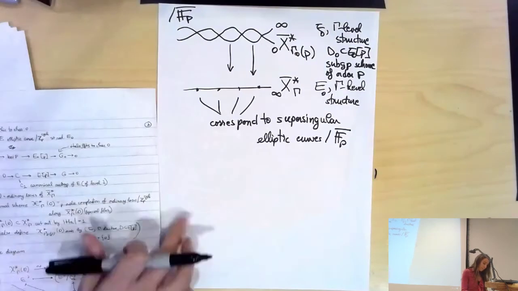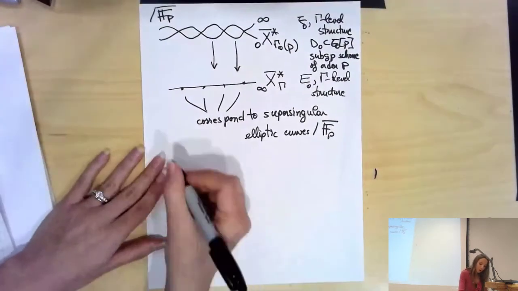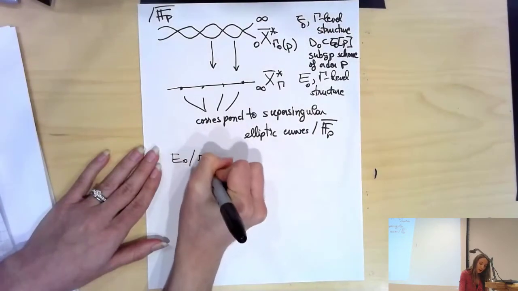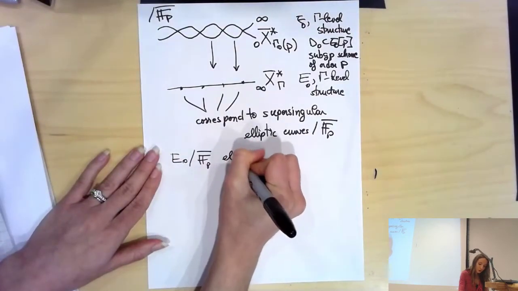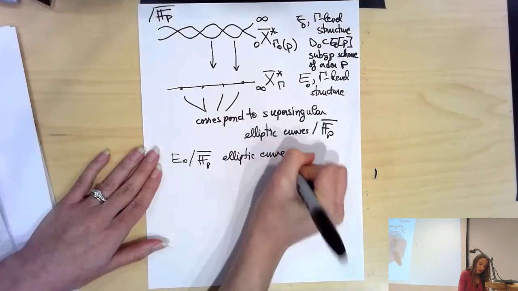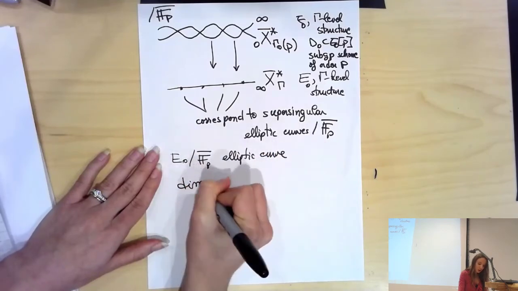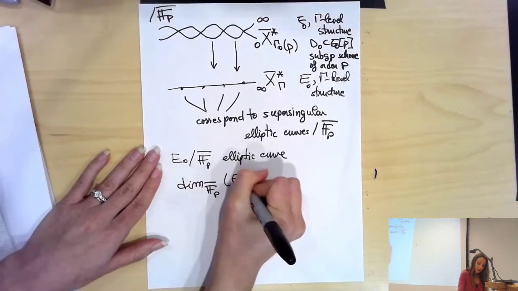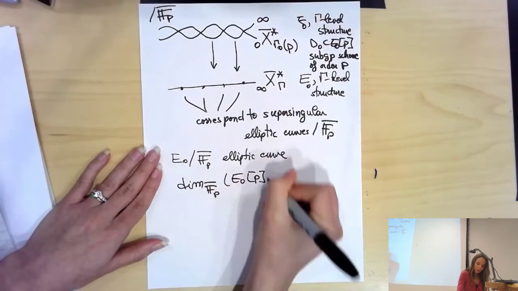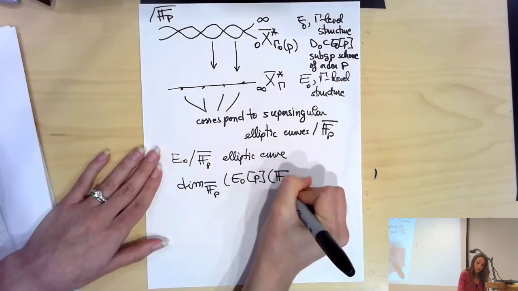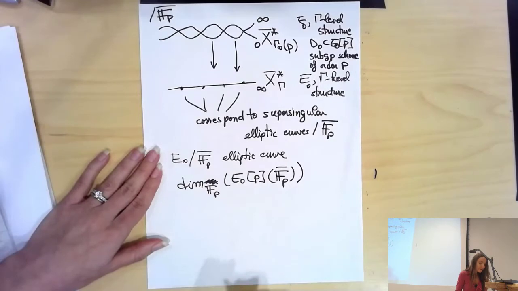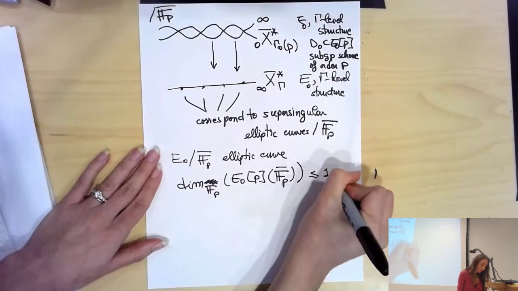So just to recall, if E naught is an elliptic curve over F_p bar, then the dimension as an F_p bar vector space of the p-torsion in the elliptic curve, if you look at the geometric points, is less than or equal to 1.